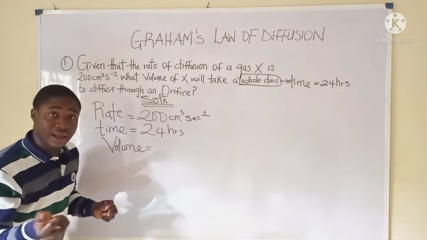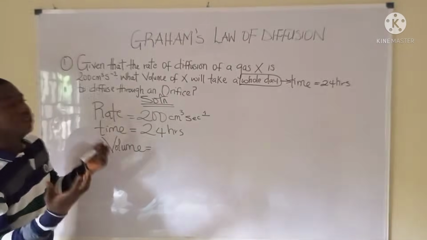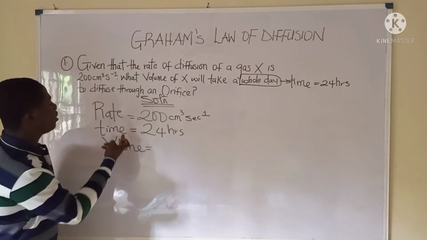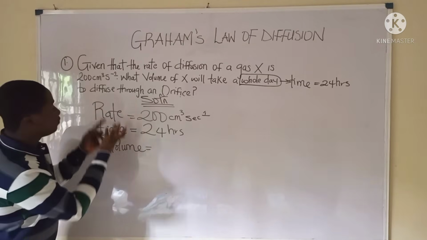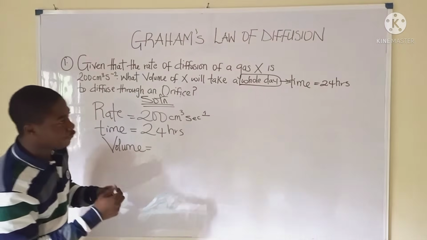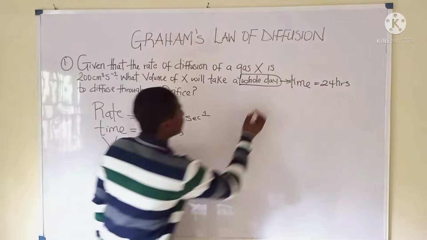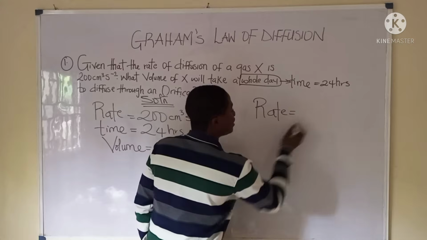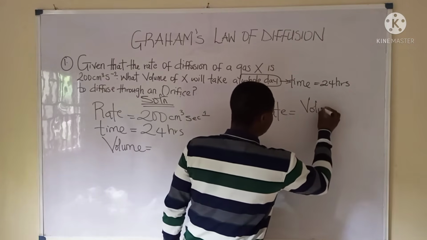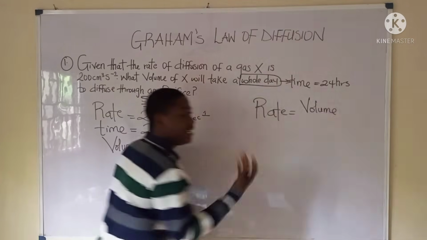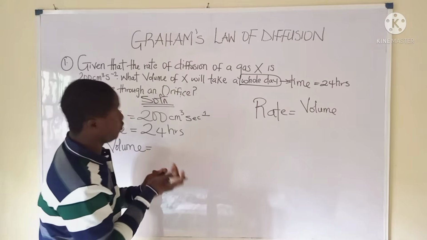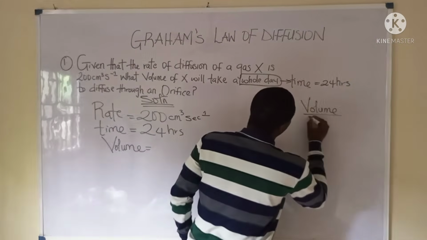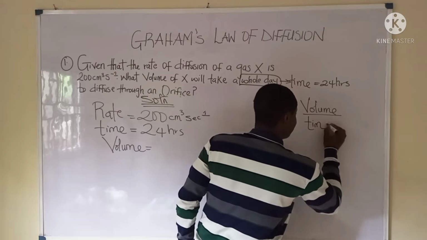If you recall earlier on, we gave the relationship between volume, time, and rate. And what is the formula? We said that in solving rate problems, it's simply volume dependent on the SI unit over time.